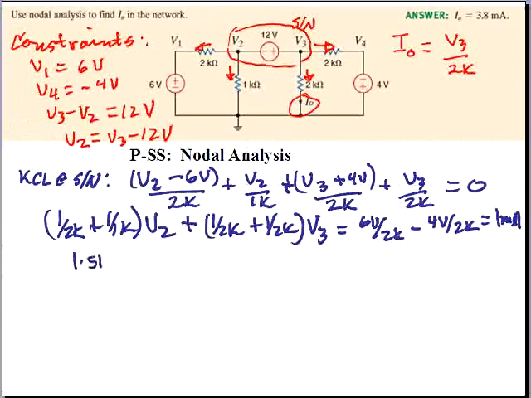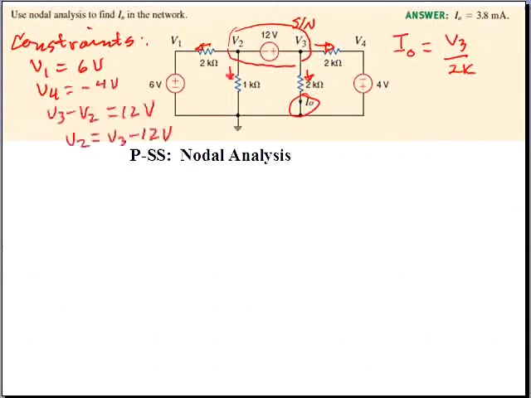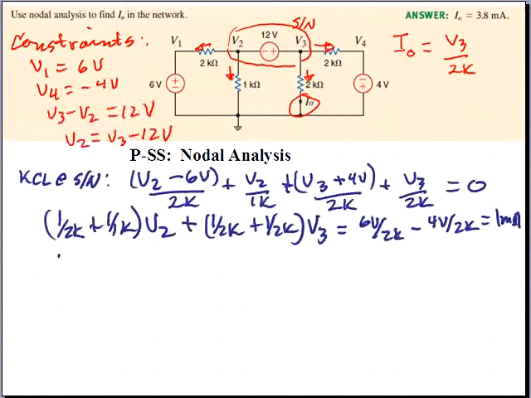So we have 1.5 K to the minus 1 reciprocal kiloohms times V2 plus 1 K to the minus 1 V3 is equal to 1 milliamp.